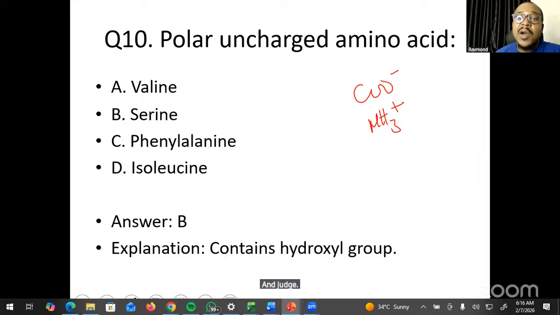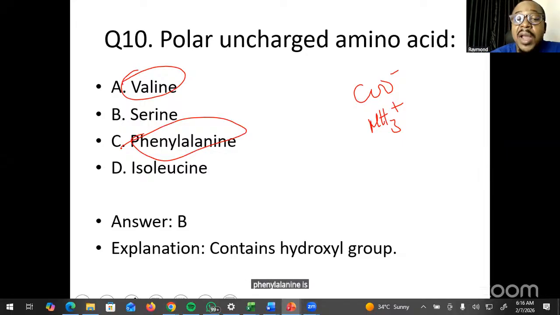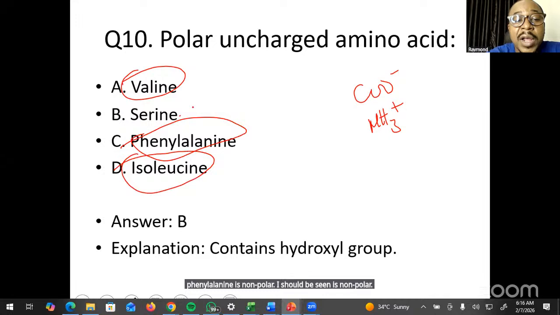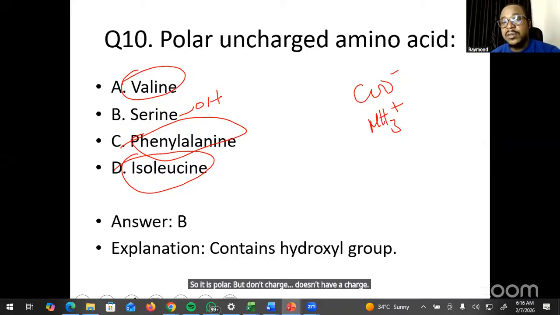Or we say polar uncharged, which means it has a neutral functional group. Valine is non-polar. Phenylalanine is non-polar. Isoleucine is non-polar. The only one polar here is serine that has a hydroxy group. So it is polar, but uncharged, it doesn't have a charge.